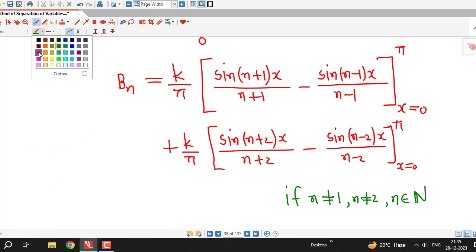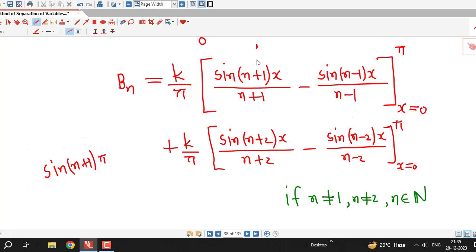Now for the rest of the integers, I can take the upper limit and lower limit. Suppose I take x equal to pi here, I will have sine of (n plus 1) into pi here, and n is a natural number, so n plus 1 is also a natural number. We know that if I have an integer multiple of pi, then sine has 0 value.